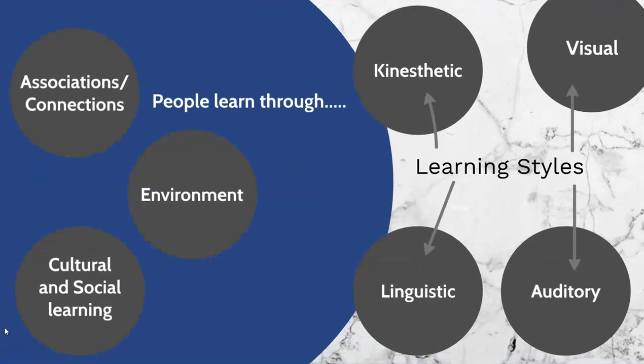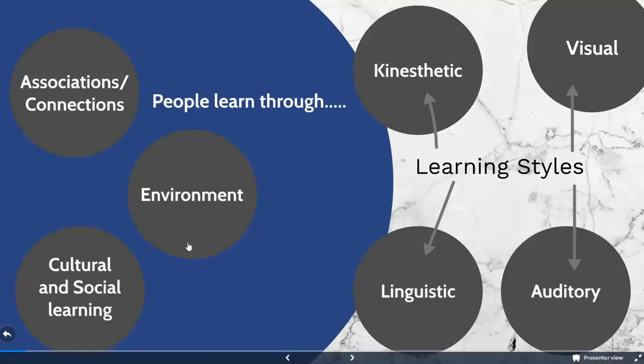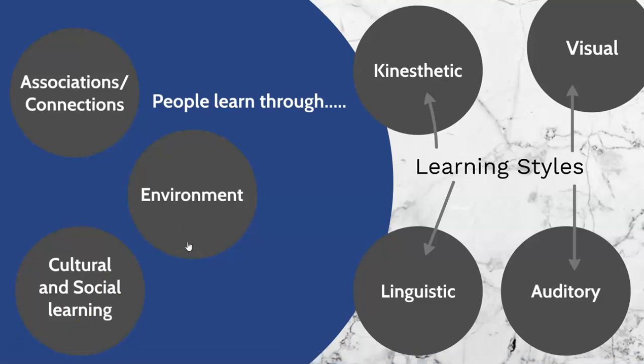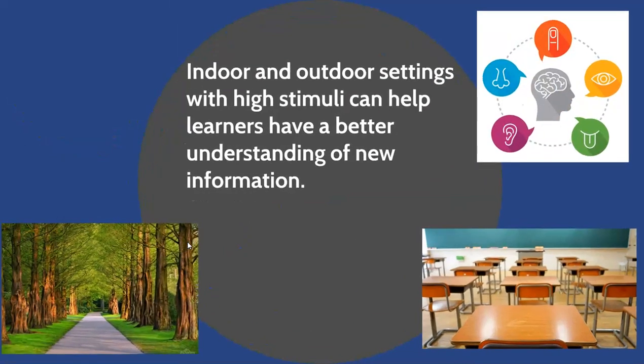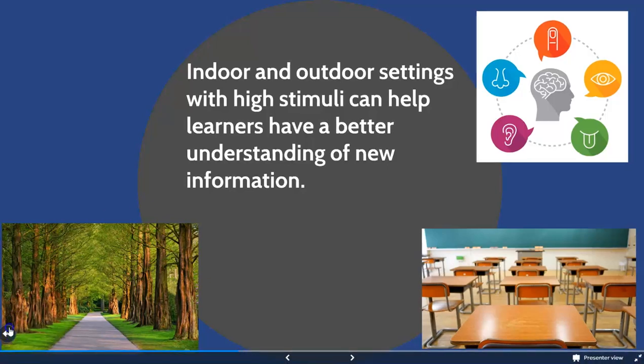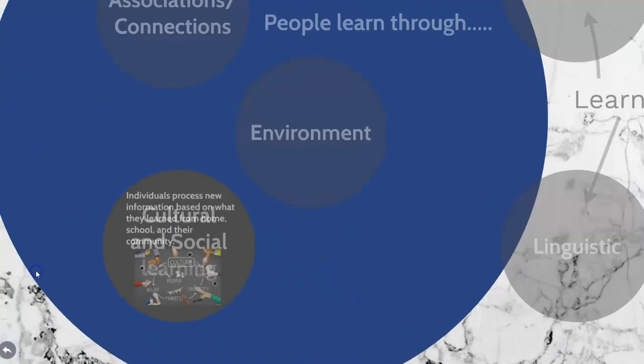But people also learn through their environment, their cultural and social learning, and associations and connections. Environment is using whether it's outdoor or indoor settings with a high stimuli. Learners learn best to process this information. There's cultural and social learning.